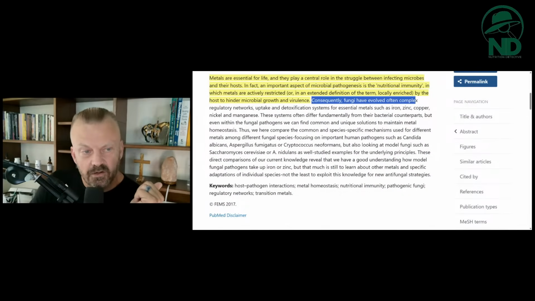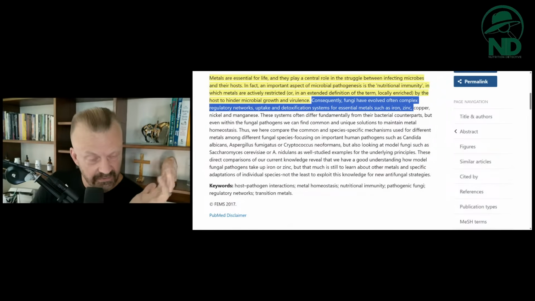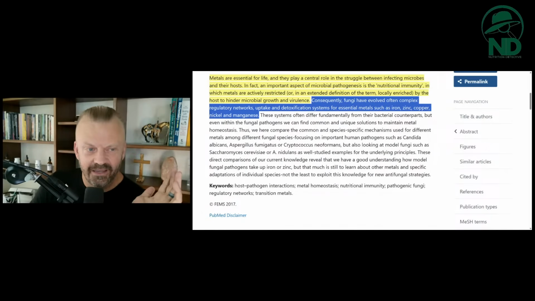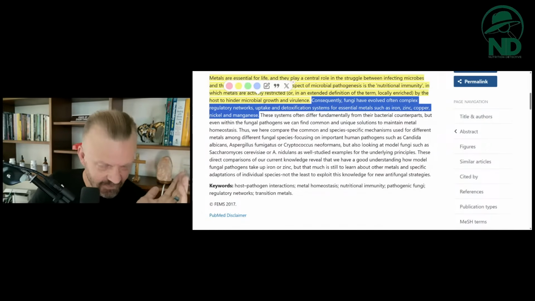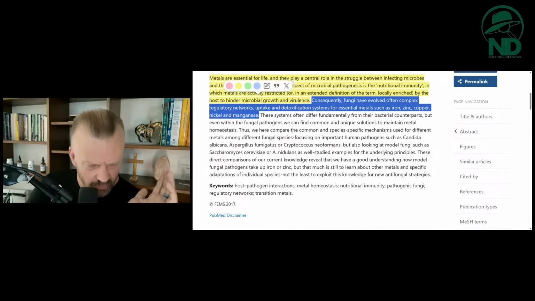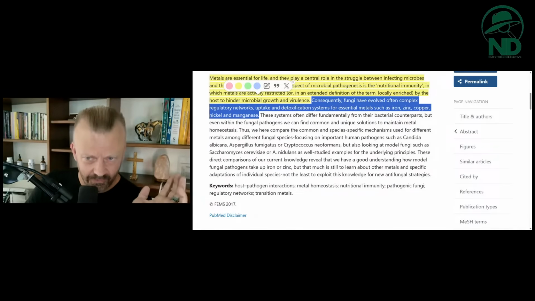Consequently, fungi have evolved often complex regulatory networks, uptake, and detoxification systems for essential metals such as iron, zinc. Those can be helpful, but then we get into copper, nickel, and manganese. Why do we keep finding those three bad guys all together?